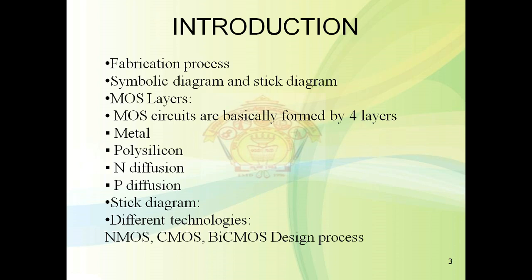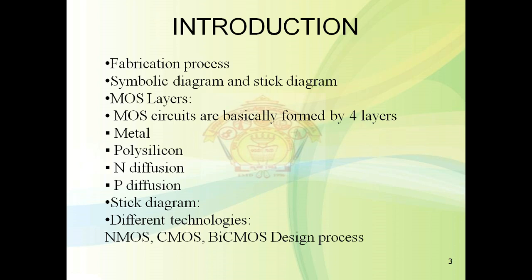When the thin oxide layer and polysilicon layer cross each other, the transistor is formed. These transistors are joined together where we want exact connections.